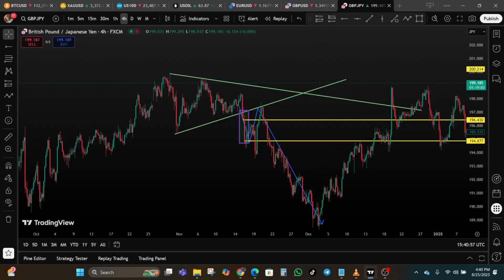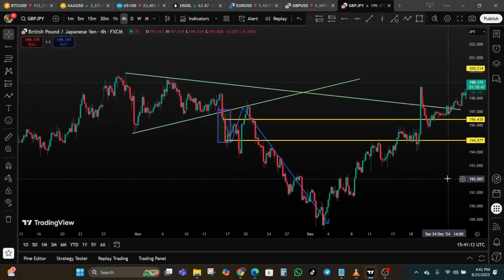Instead of reacting emotionally, you wait for the market to show its hand. And this is why many traders call it ICT's final gift to the community. It's a complete strategy that not only shows you how to read the charts, but also how to think like a disciplined trader.